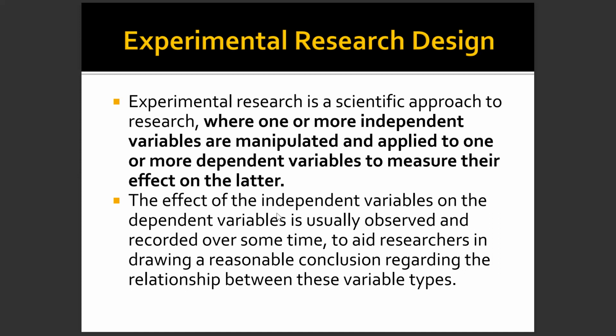The effect of the independent variables on the dependent variables is usually observed and recorded over some time to aid researchers in drawing a reasonable conclusion regarding the relationship between these variable types. That is the goal of experimental research design. We manipulate a variable and see what its effect will be on another variable.